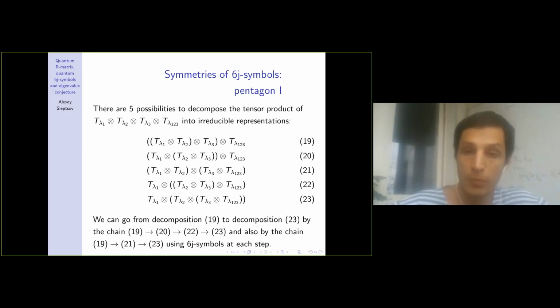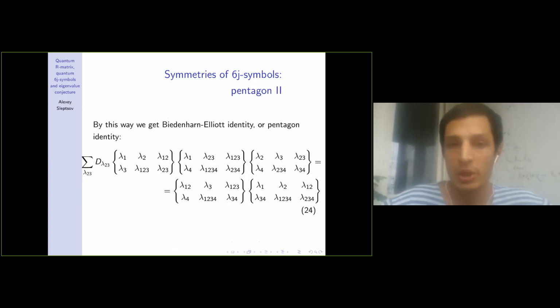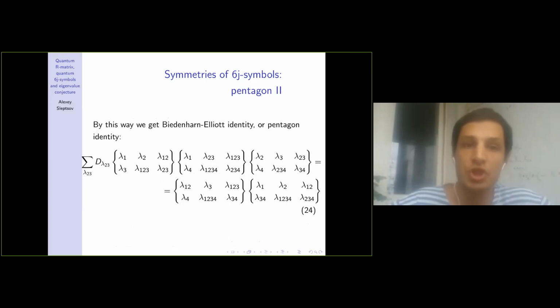Also, there is another way, given by the chain 19, 21, and 23, using 6j symbols at each step. Then we get a relation between these 2 chains. It looks like formula 24.